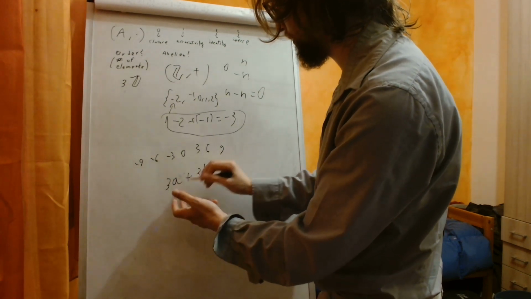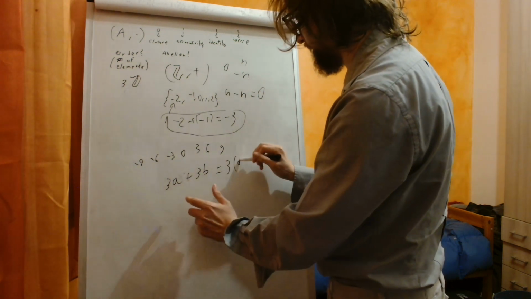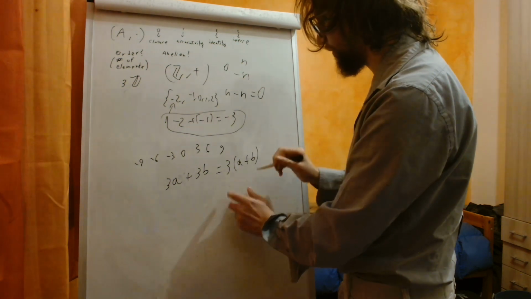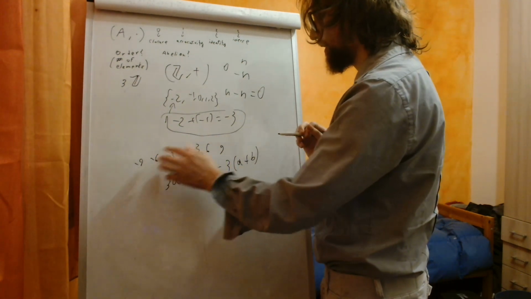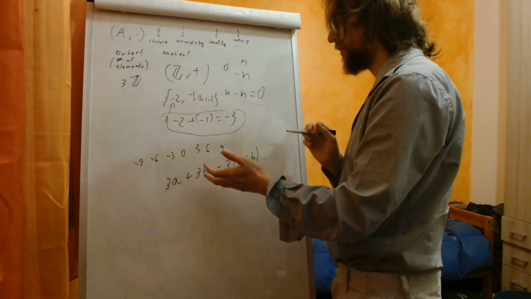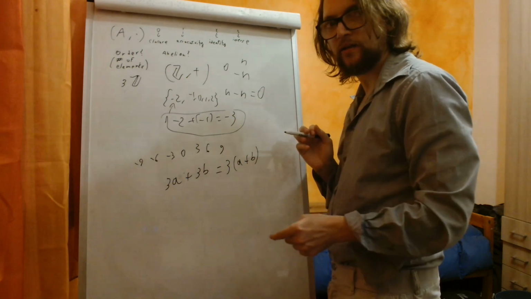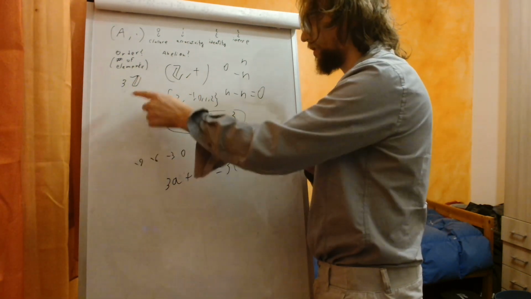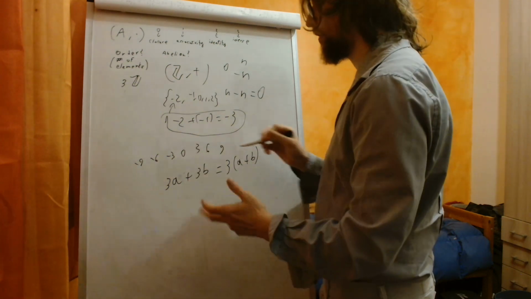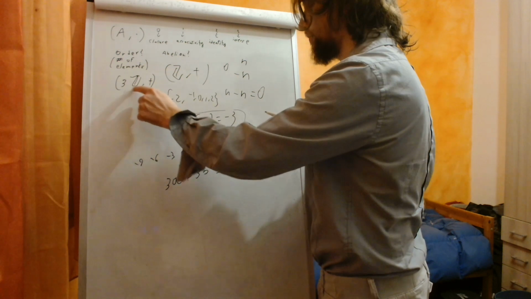If you sum them together, you end up with 3 times a plus b, which is also a multiple of 3. So we already have all the elements generated by the sum inside our set. So it's complete. So it is closed under this operation. So also 3Z with the sum is a group.